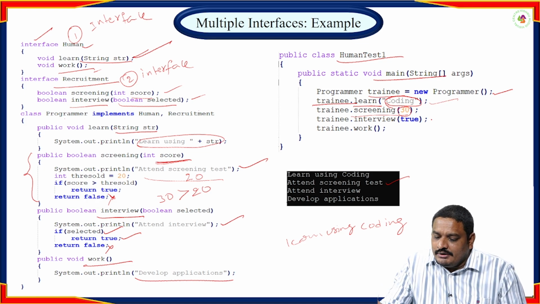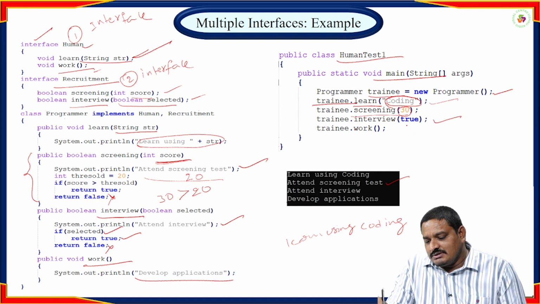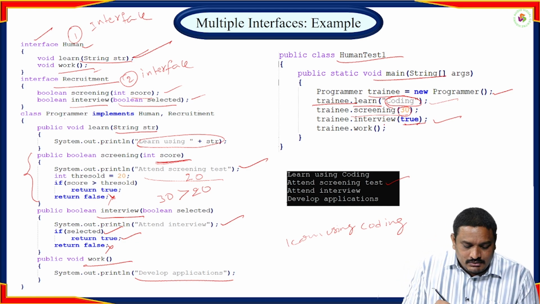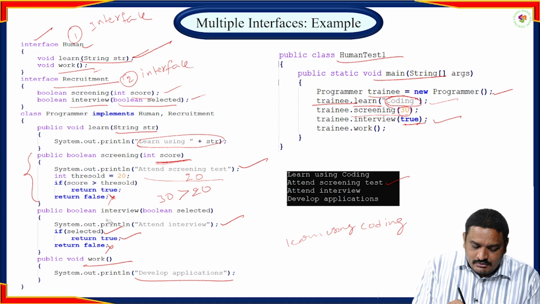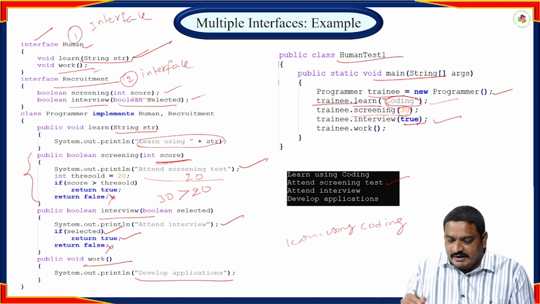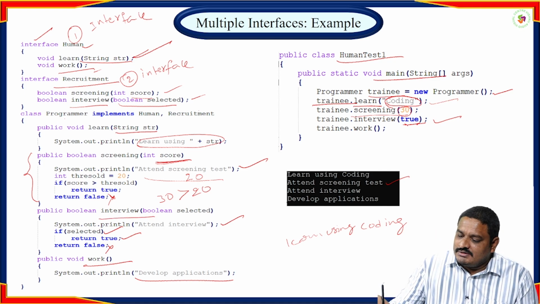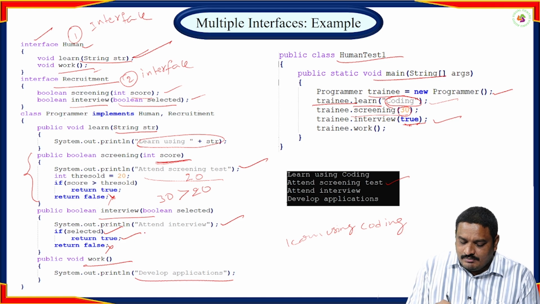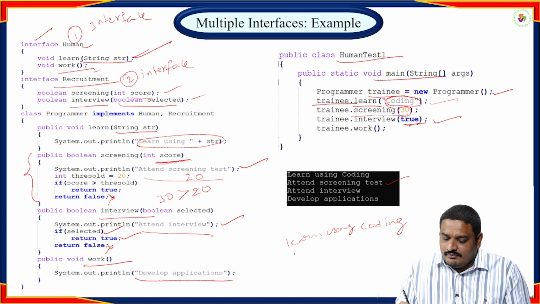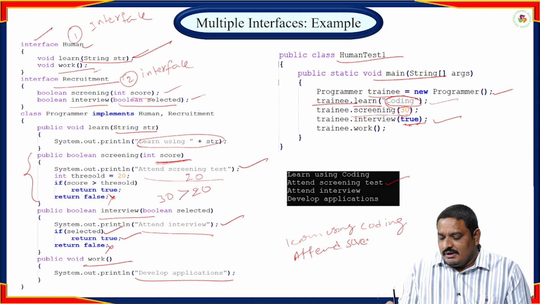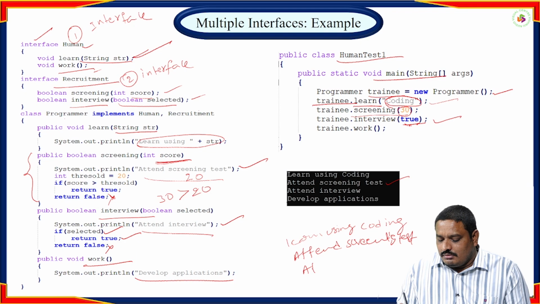Now whenever we call the interview method and also pass one parameter, that parameter is true. Where is the interview? The interview is here. If selected, the statement will be printed. Previously, attend screening test, attend interview.